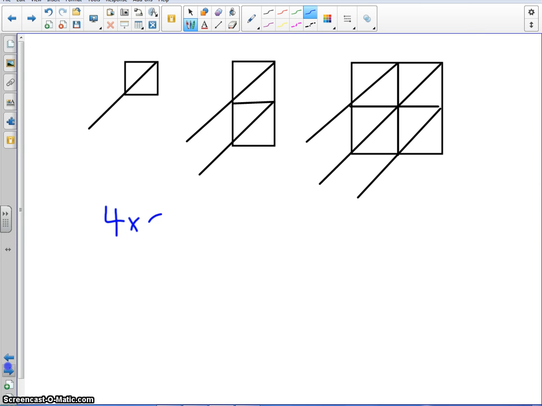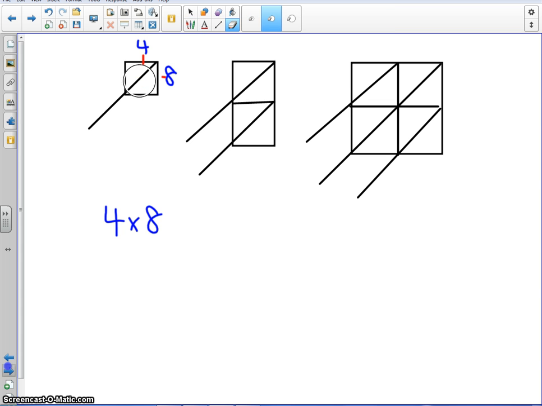If I'm doing 4 times 8, I put in this array box, or this lattice box, one digit up here and the other one there. And what I do is I multiply these two numbers together, and 8 times 4 is 32. Well, I put the tens place here and the ones place there.